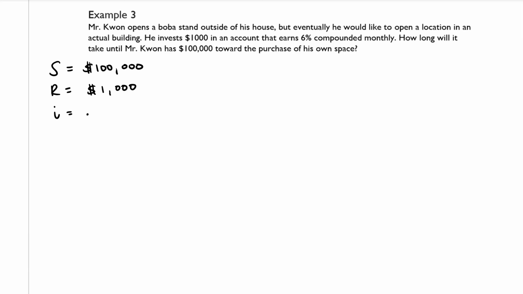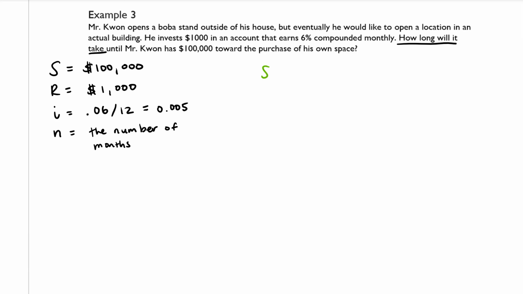So we need to take our interest rate of 6% and divide that by 12, which gives us 0.005. And our n value is going to be the number of months, which is what we're trying to figure out, because it asks us how long will it take, and whenever we ask that question, we are asking for an amount of time.